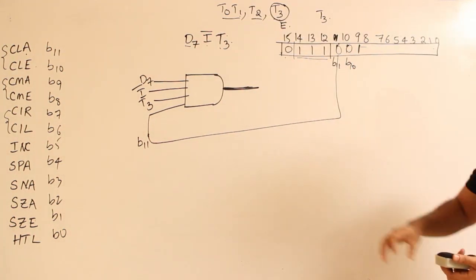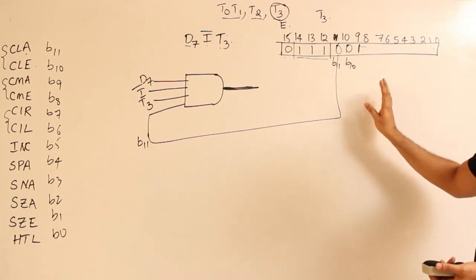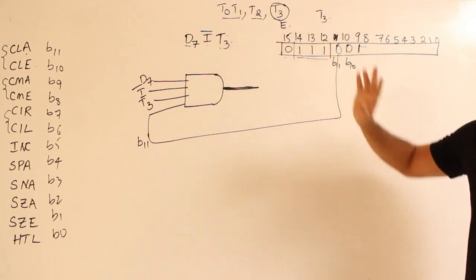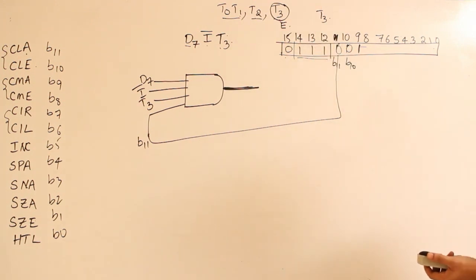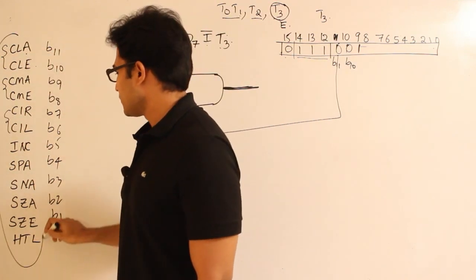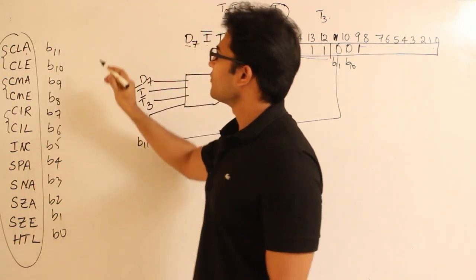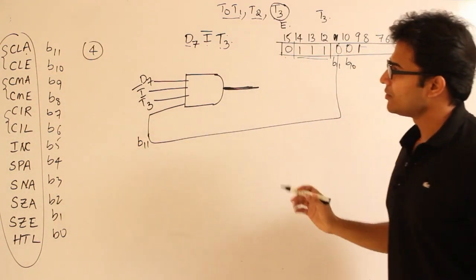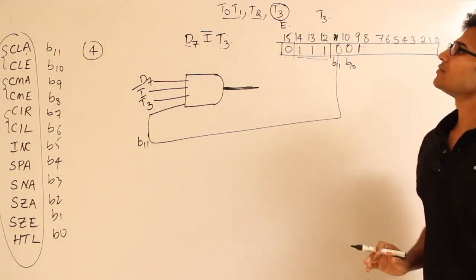But anyway, all these operations can simply be done using one cycle, that is T3. Got it? So what I mean to say is, any of these register reference instructions all require just 4 clocks. In 4 clocks it will be over, and the hardware used is this one.